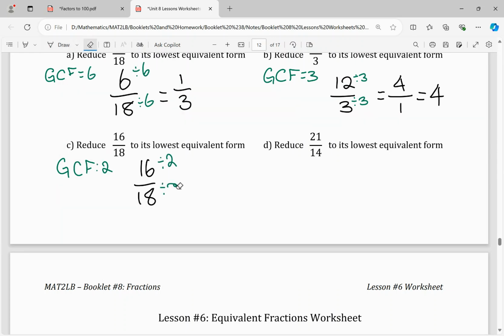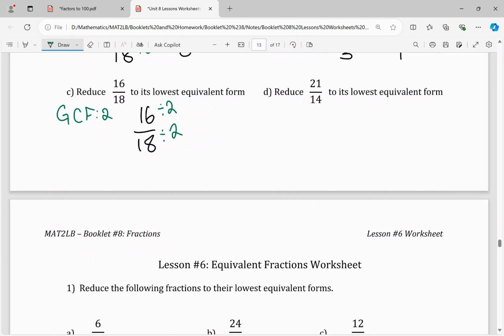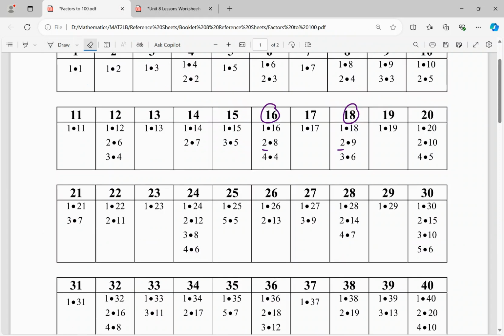Now, I'm going to use the factor chart to help me with this division because I don't want to use a calculator. 16 divided by 2. Well, remember, you just need to grab the partner of your pair. 16 divided by 2 is equal to 8.